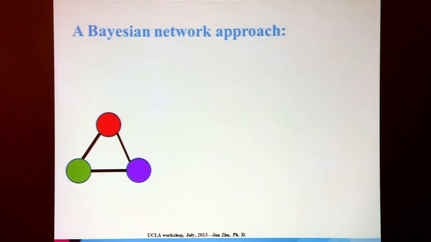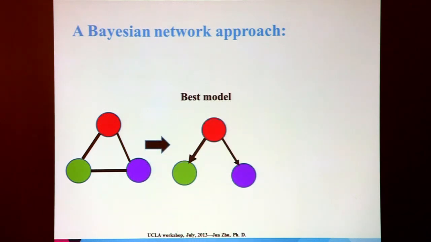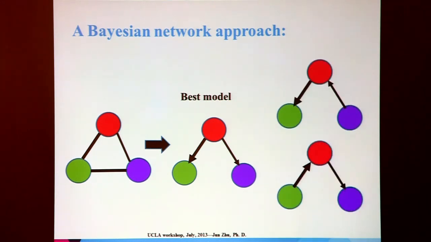So the basic approach we just talked about is, when you have 3 nodes with data, we can enumerate all the possible structures and find the best model to fit this data. Simple, but actually it's not that simple.